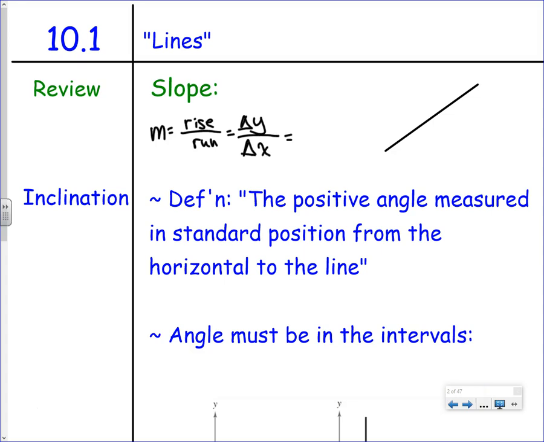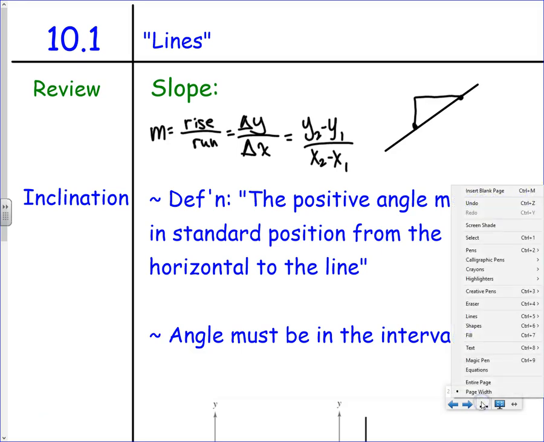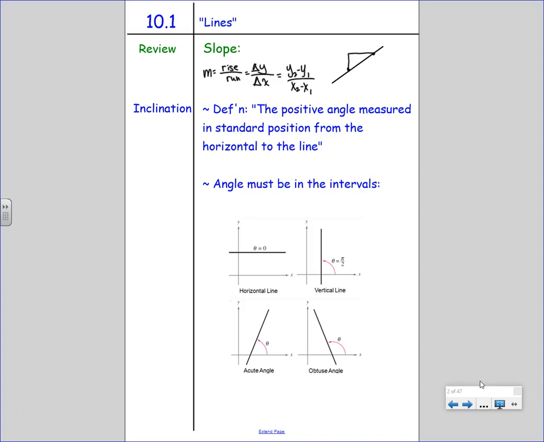Most STEM classes, change in delta y over delta x, and as you guys already said, y2 minus y1 all over x2 minus x1, which can be seen as the ratio of how to progress from any inclination. You guys already wrote it down and defined it. The positive angle measured, inclination is an angle. The positive angle measured in standard position from the horizontal to the line.